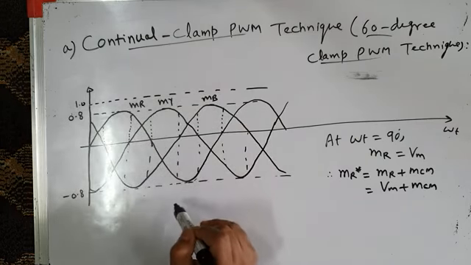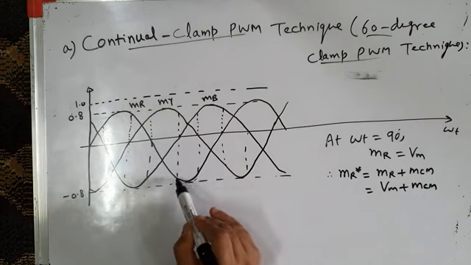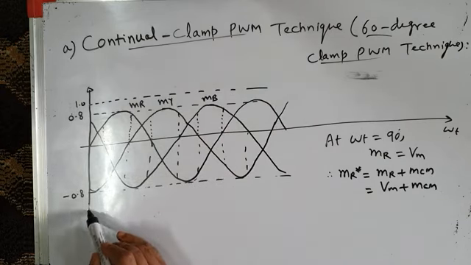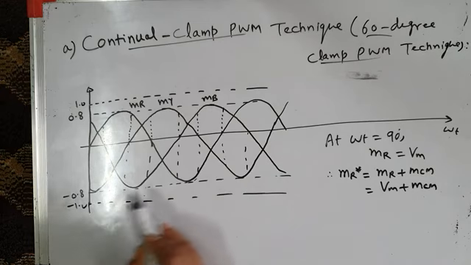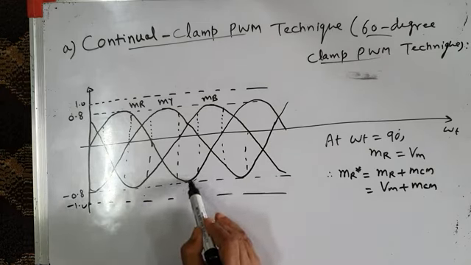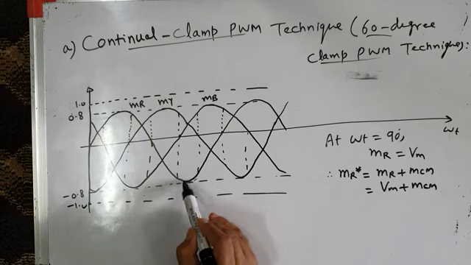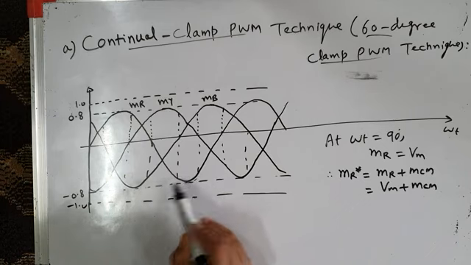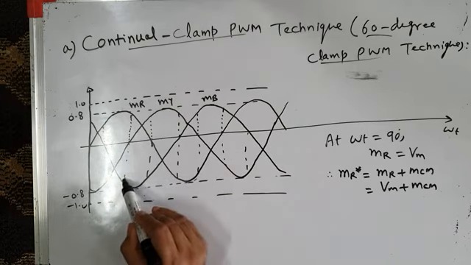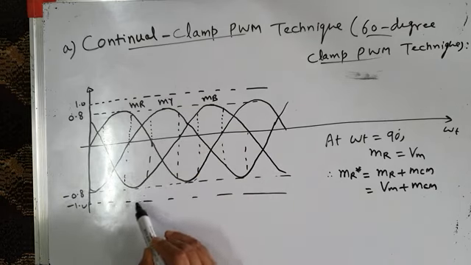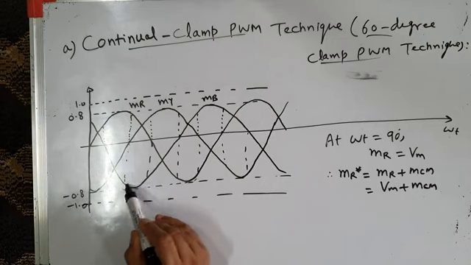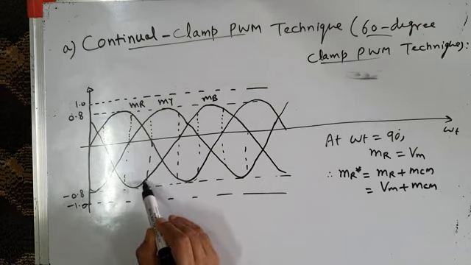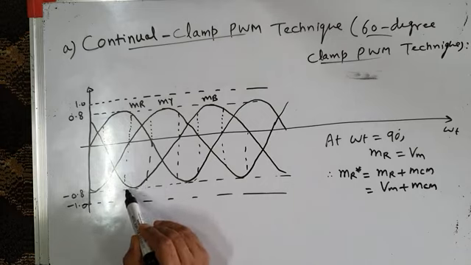Similarly, in the negative half cycles, this MR can be clamped to maximum negative value, that is minus 1.0, from this instant to this instant, because over this 60 degree interval it is having maximum negative value. This waveform MB can be clamped to the negative DC bus, that is minus 1, over this 60 degree interval, because over this interval it is having maximum negative value.